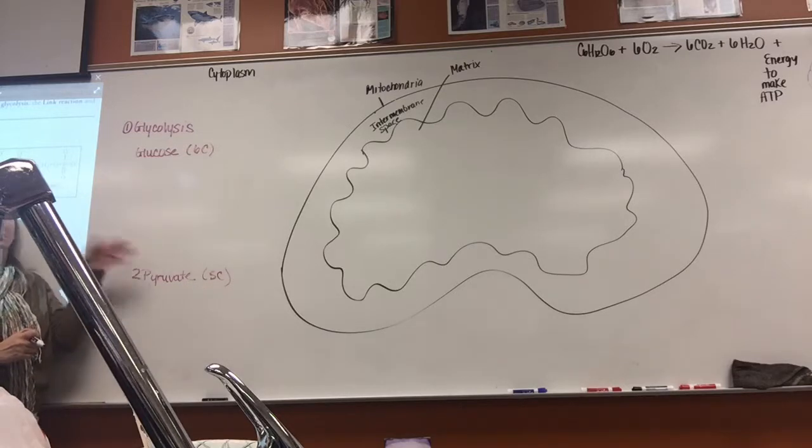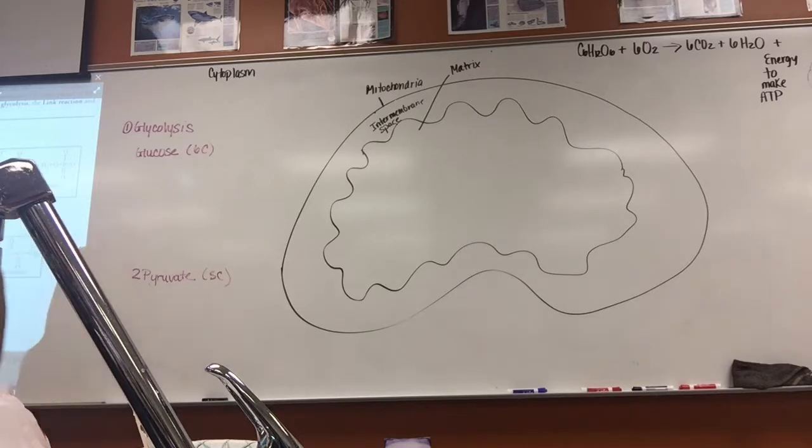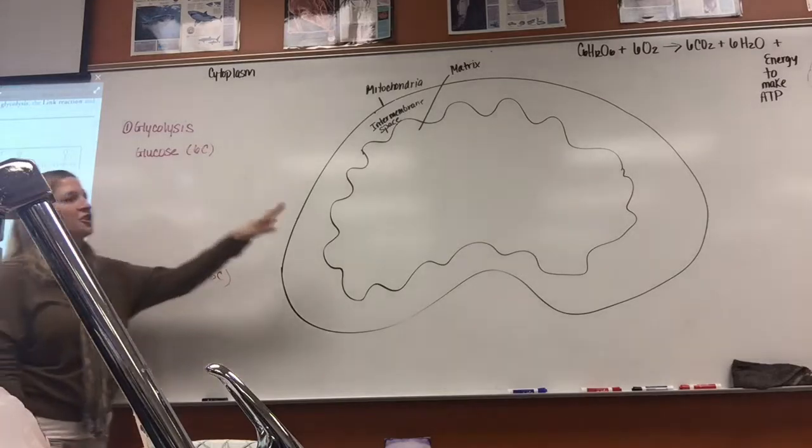Now to get to this, there are 2 main phases in this reaction. It has to do with energy. Can anyone think of what they're called? 2 main phases having to do with energy. Alexis? Citric acid cycle is going to occur after this.